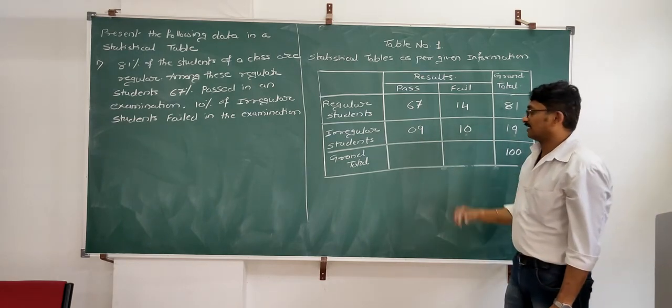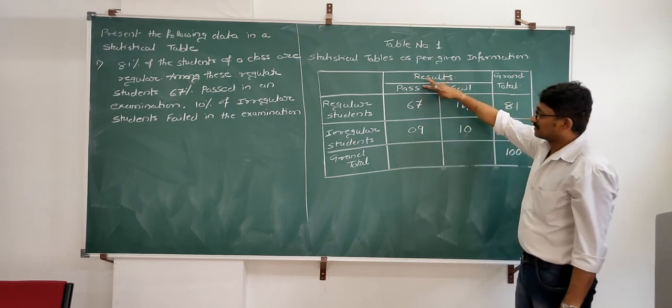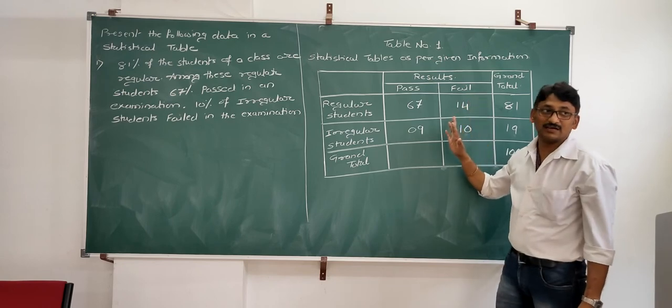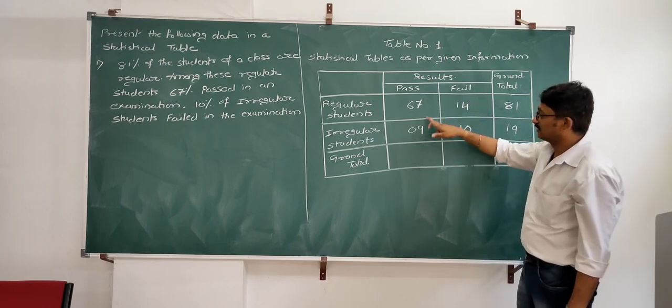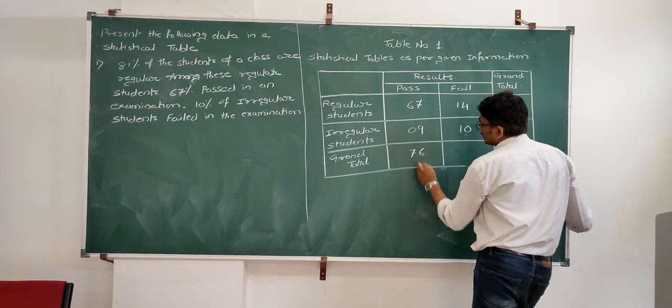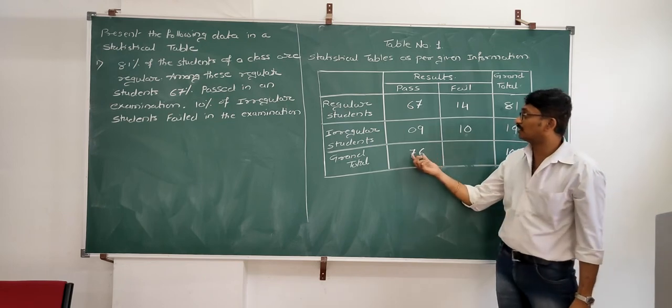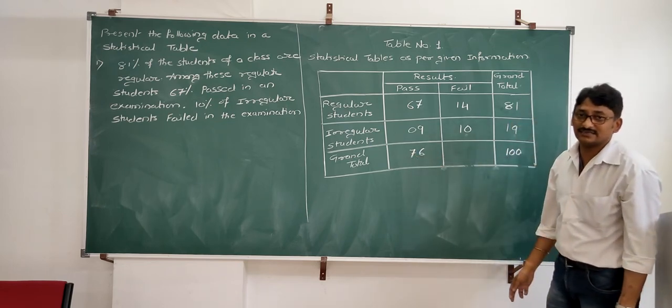Now we have to check the grand total. Grand total is nothing but we have to add the values. Pass: information is not there for how many passed out of 100. But as per this, 67 plus 9, 76 passed. Means out of 100 students, the total passed students are 76.